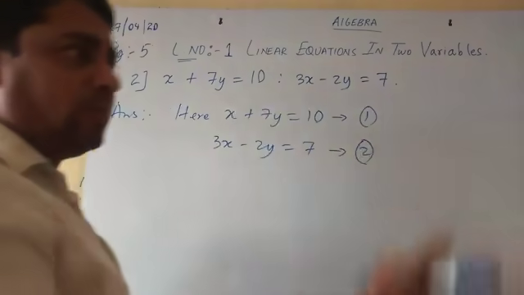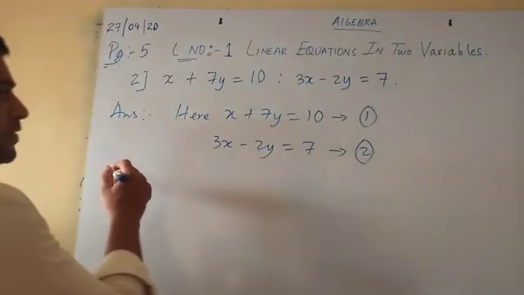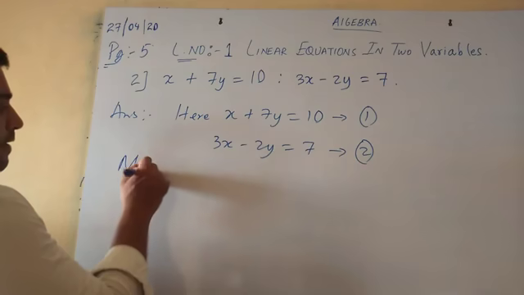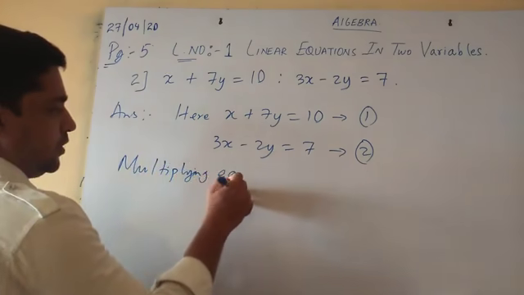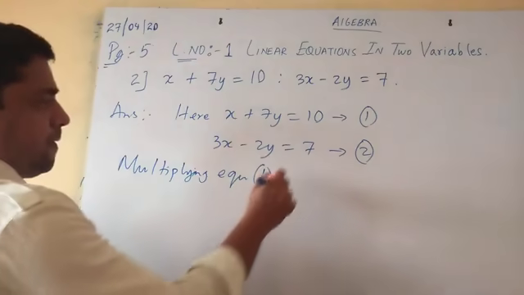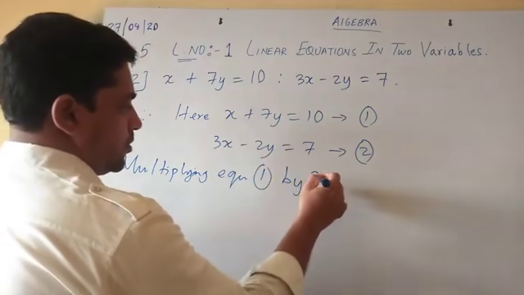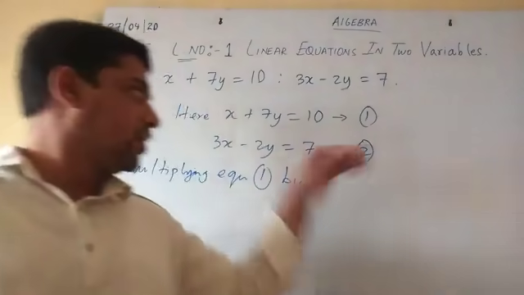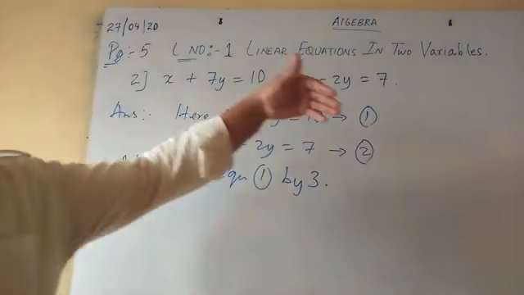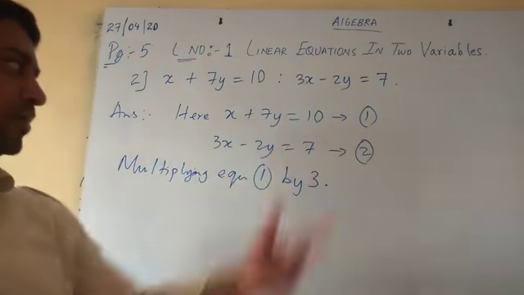So here the statement will change a little. I'll write: multiplying equation 1 by 3. In the previous sum we had not written this. Why? Because, as I told, the terms were equal in both equations.